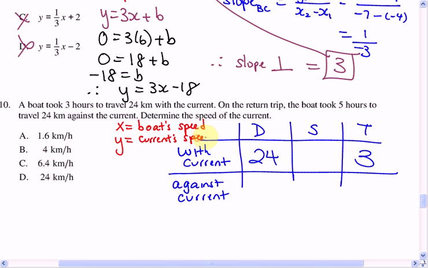So what happens when you are in a boat and you're traveling with the current? Does your speed increase or decrease? I hope you said increase, because you're going together in the same direction. So the speed should be those 2 speeds added together.